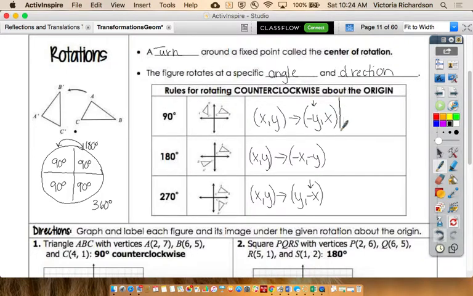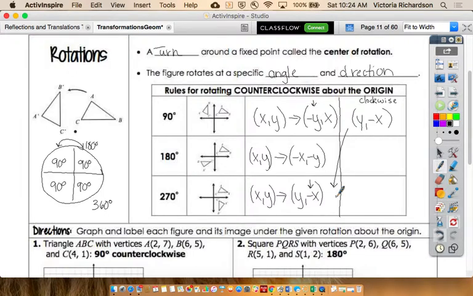So it's a little different if we were going in a clockwise direction. If you have a 90-degree clockwise rotation, you would switch your y and your x would become negative. And that is the same as right here, which is a 270-degree counterclockwise rotation.